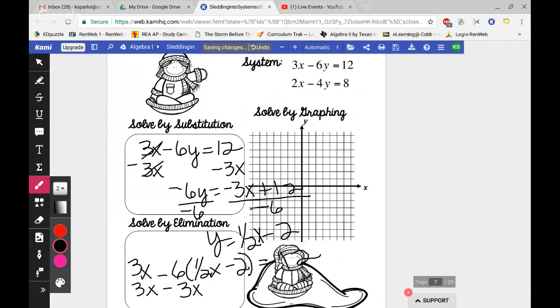And negative 6 times a negative 2 is a positive 12 equals 12. The 3x's cancel, and it's 12 equals 12, which is a true statement. So that tells me it's the same line, or infinite solutions is what you write. You can write same line or infinite solutions. Either way.